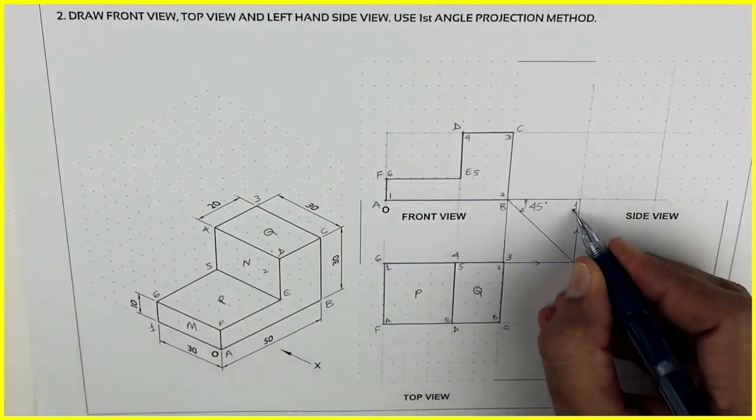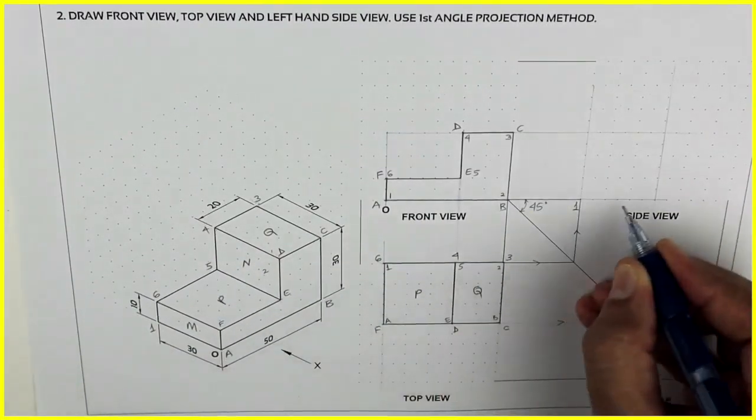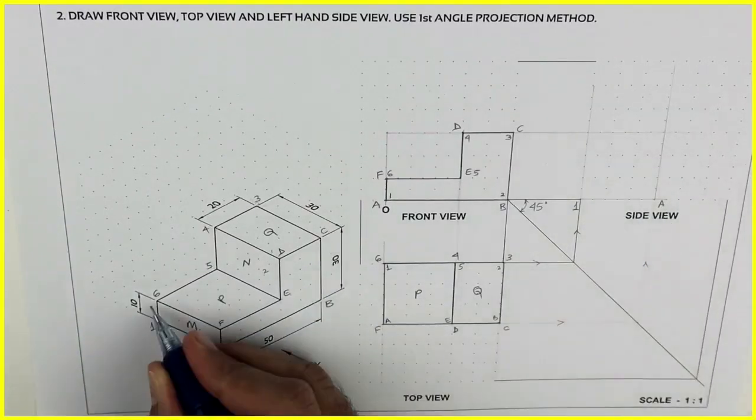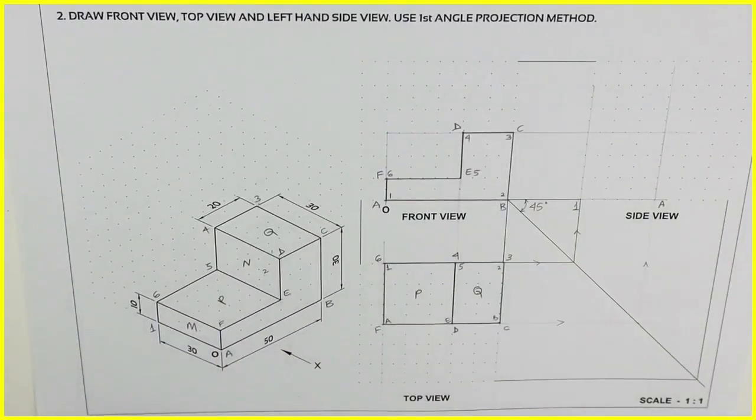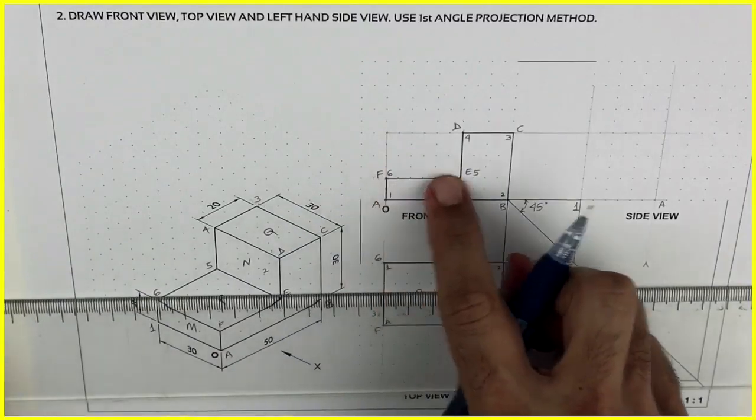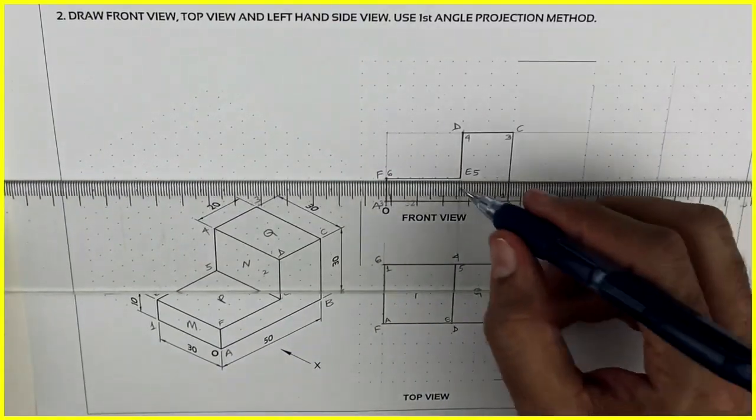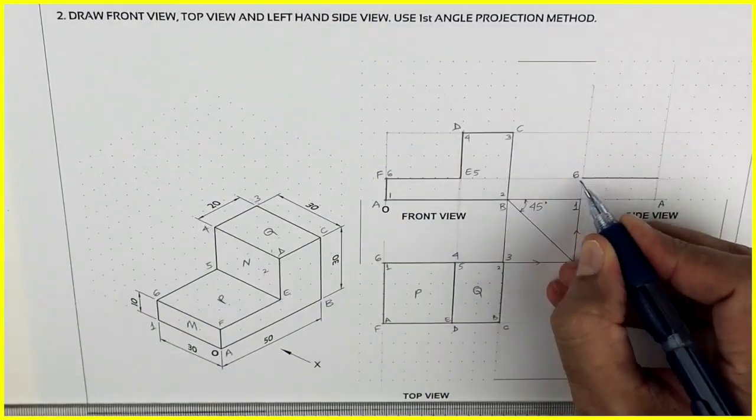So this is point 1, A. 6 is how much up? 10 mm up. So we can take it from the front view. This is 6.